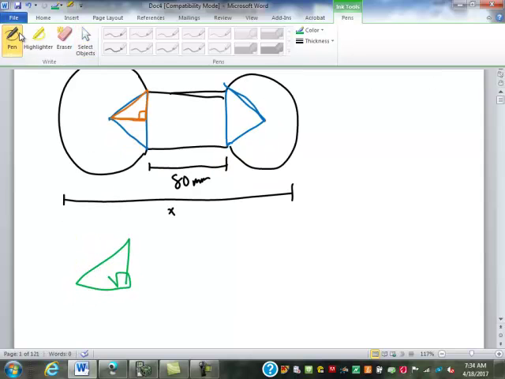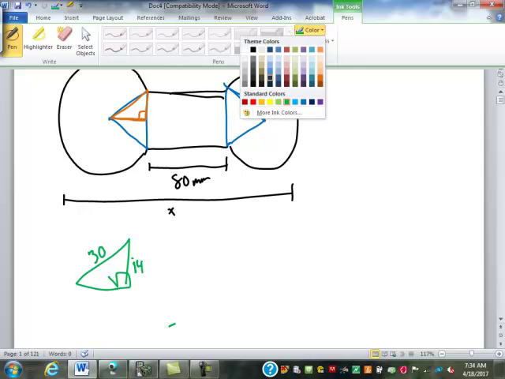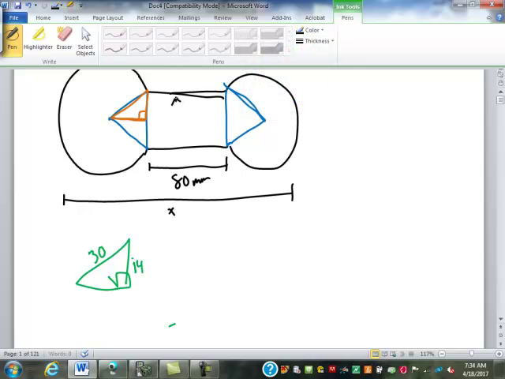What do we know about that triangle? The hypotenuse and the opposite. Okay, so the hypotenuse is how long here? Well, 30. And the adjacent side is half of the 28, so that's 14. I did forget to label that. This is 28 here.